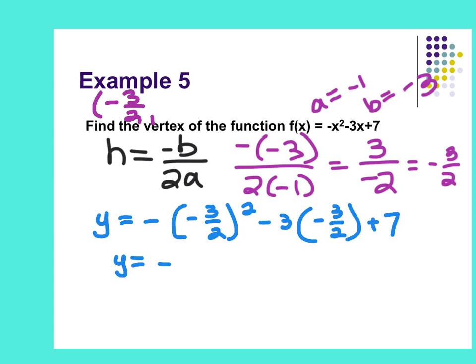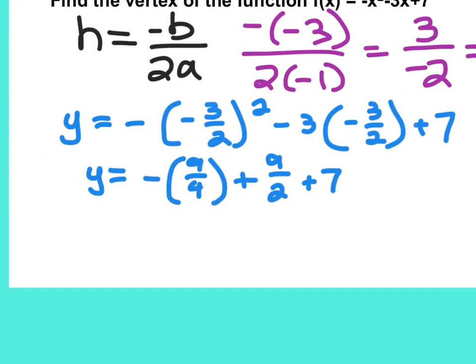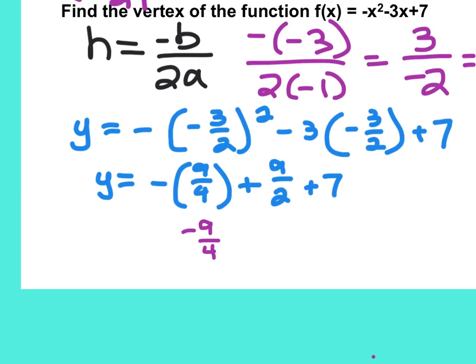Square it first. So negative 3 halves squared is what? 9/4. Negative 3 times negative 3 halves is positive 9 halves plus 7. I can either multiply everything by 4, but then I have to divide by it at the end again. Or I can just change them so they all have 4 as their denominator. So negative 9/4. This would have to get multiplied by 2.